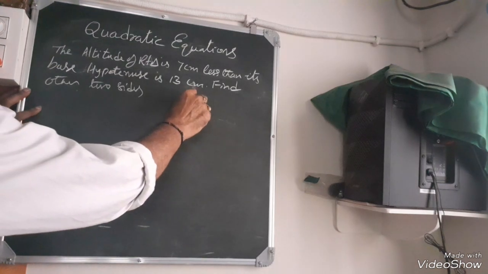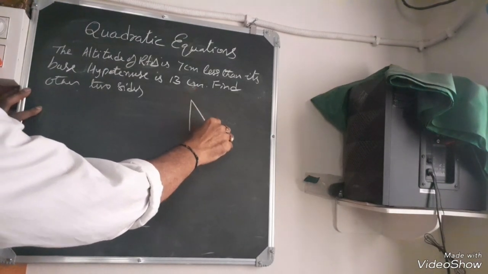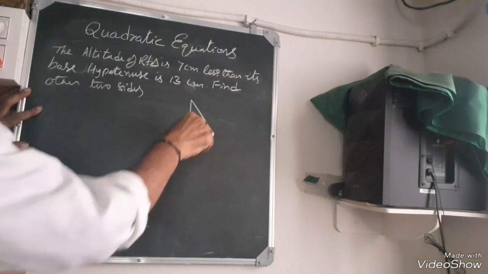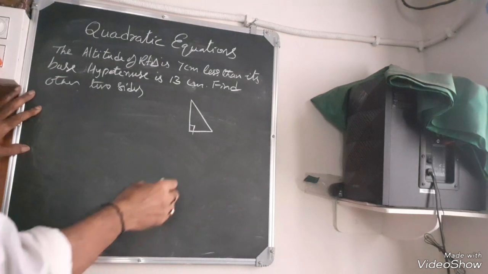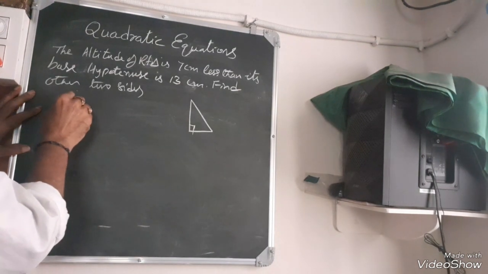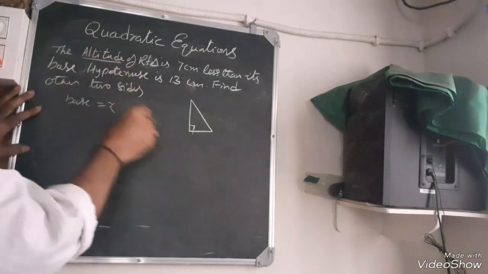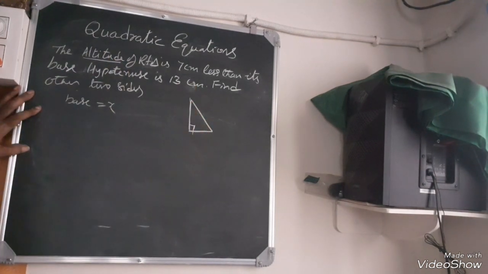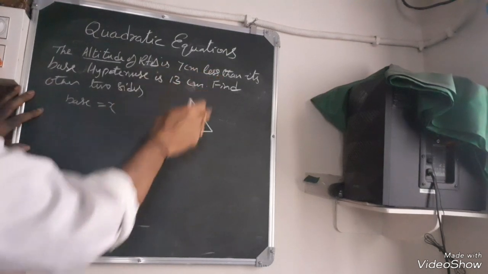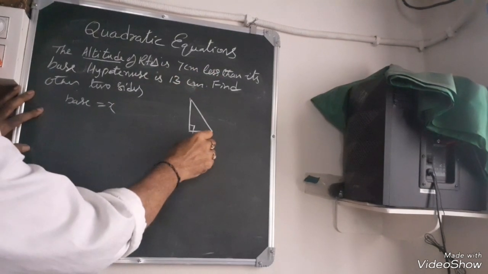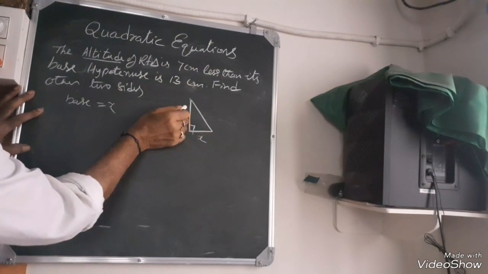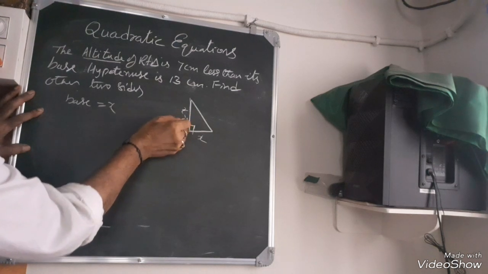So here a right triangle is given, 90 degrees. The base is not given, so you take base equal to x. The altitude means height, which is perpendicular to the base, is 7 centimeters less than the base. So if it is x, this will be x minus 7.